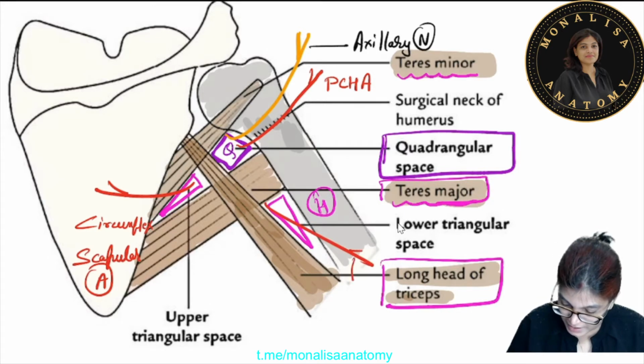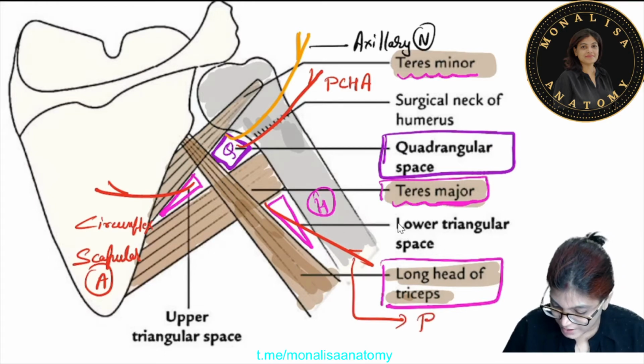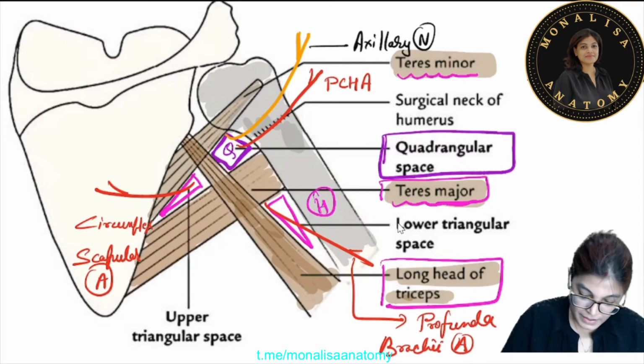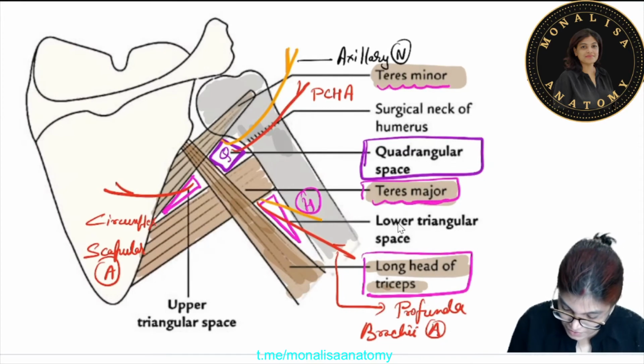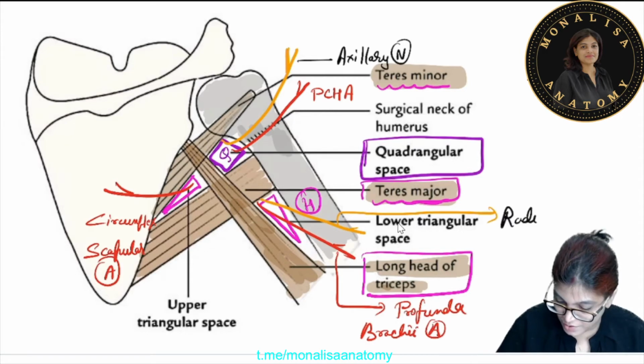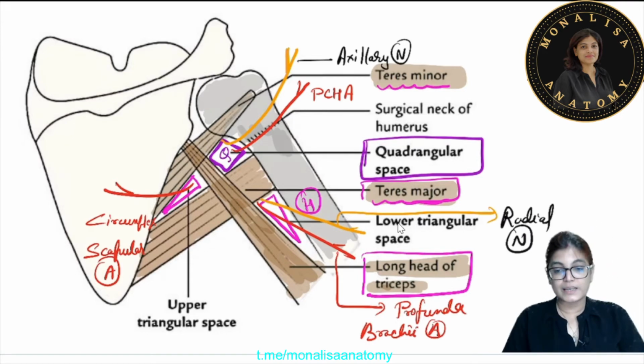The artery is the profunda brachii artery, and the nerve is the radial nerve. So two structures pass through the lower triangular space: one is the radial nerve and the other is the profunda brachii artery.